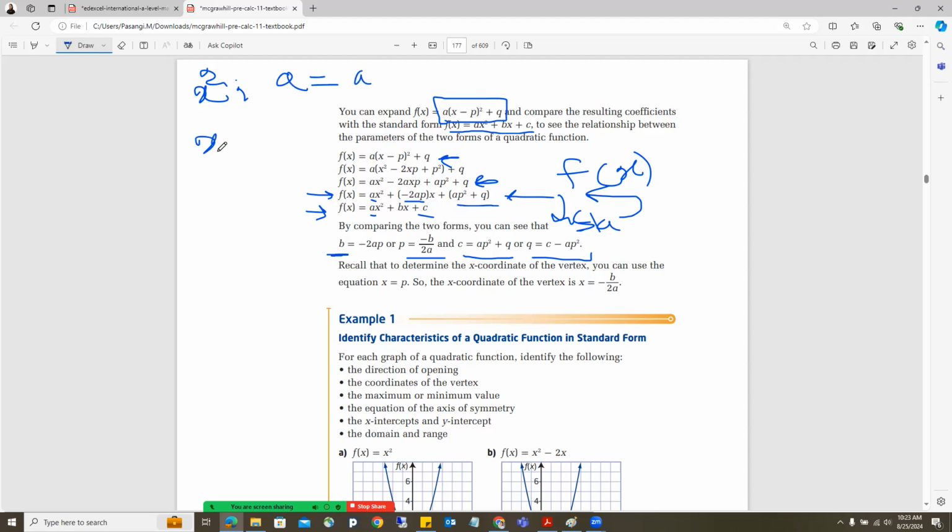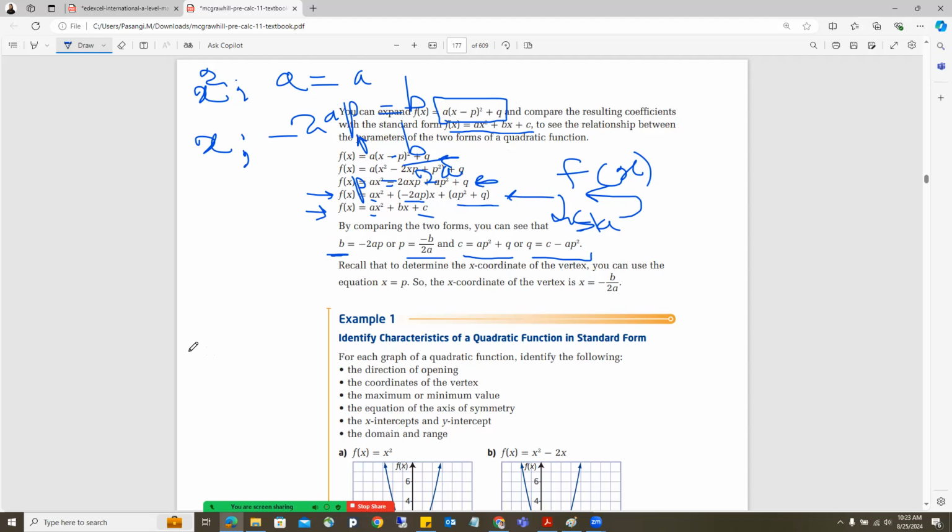If I compare the x terms, then minus 2ap is equal to b. From this we have the value b as minus 2ap. If we want the value for p, then the p value will be minus b over 2a. Is it clear?